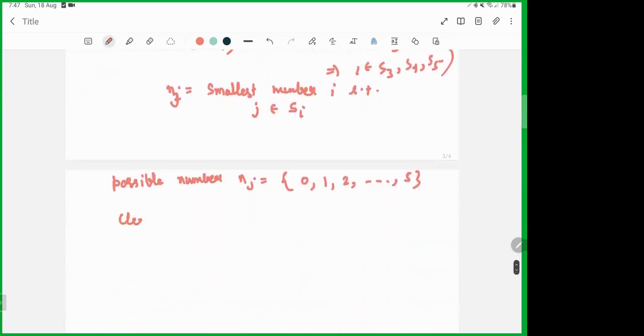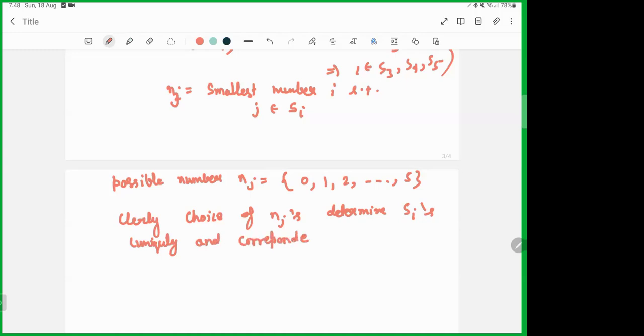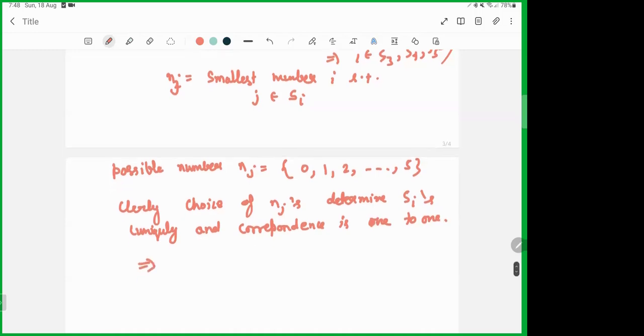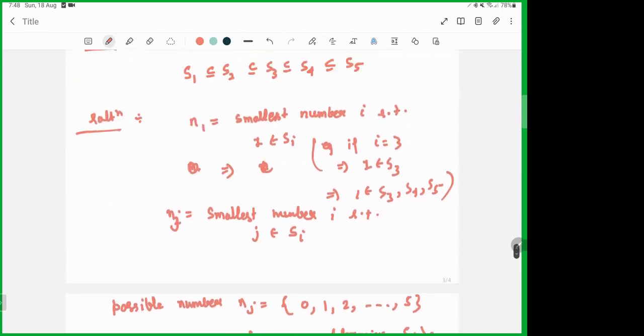Clearly the choice of Nj's determines the Si's uniquely, and the correspondence is 1 to 1. So each Nj has six choices.